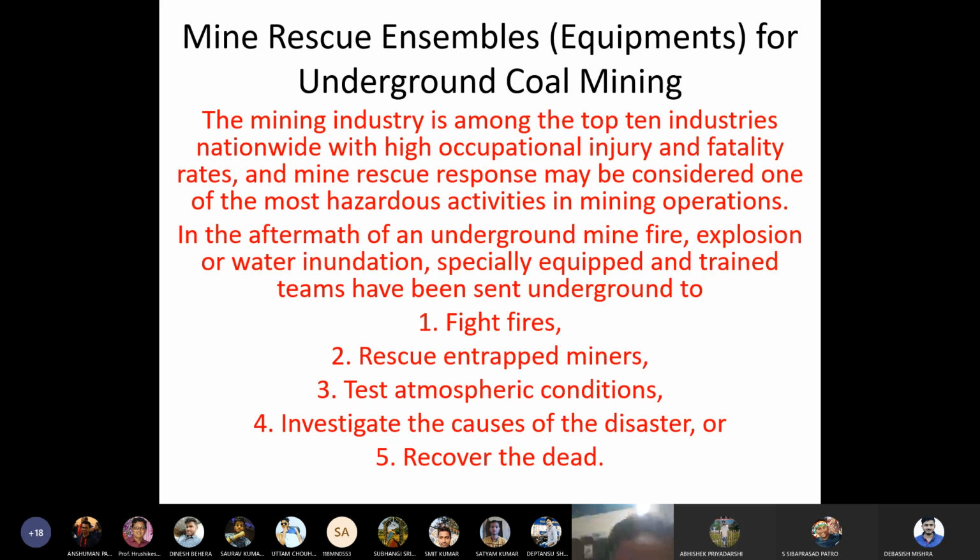So in underground coal mining, many types of hazards are associated with it, and we have discussed the different types of hazards. If any type of hazard takes place, then you have to go for rescue operation.